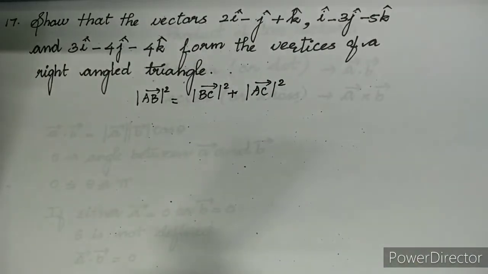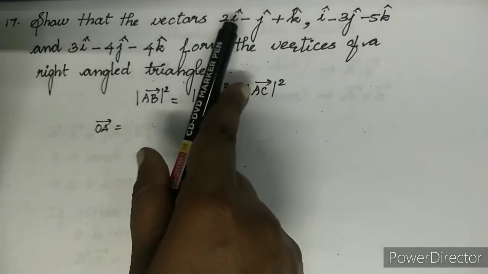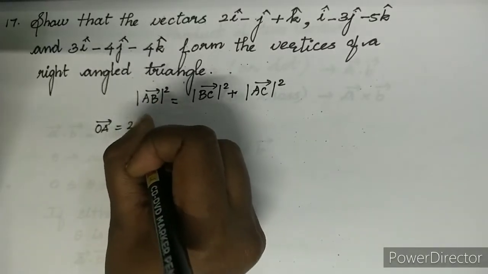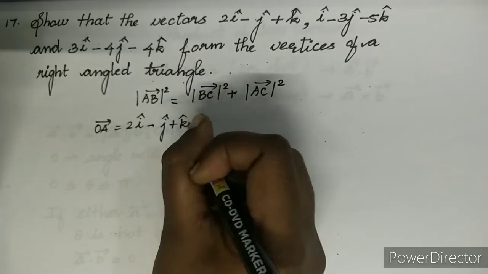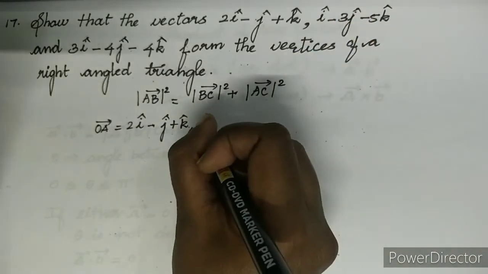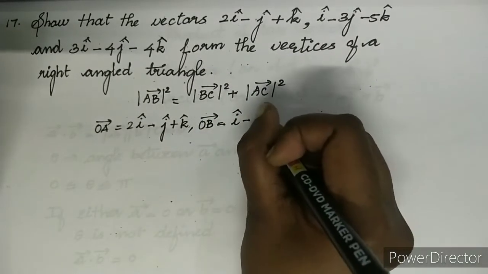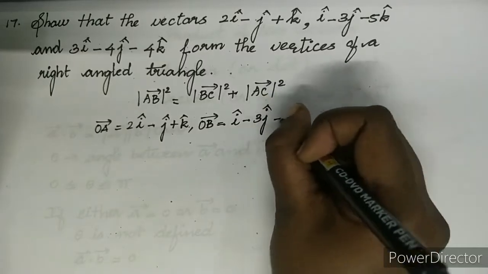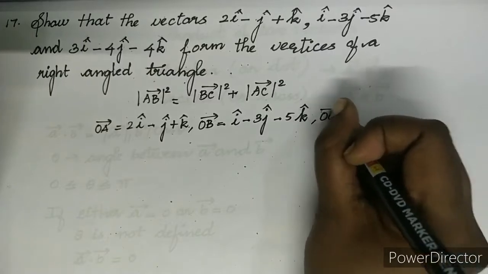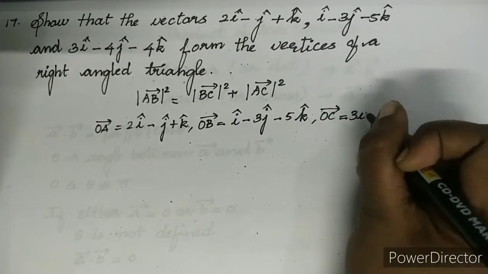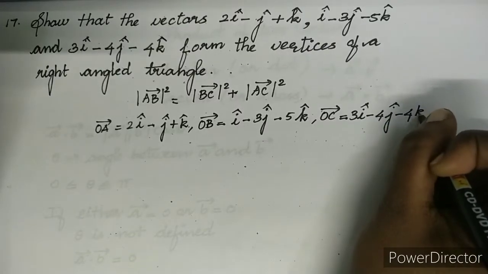We are given the position vectors, so we will write OA vector is equal to 2 i cap minus j cap plus k cap, and OB vector is equal to i cap minus 3 j cap minus 5 k cap, and OC vector is equal to 3 i cap minus 4 j cap minus 4 k cap.